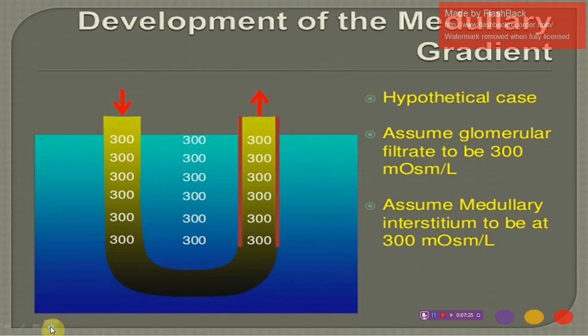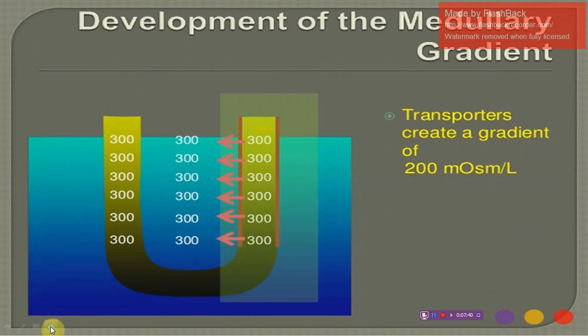We should start here. Now what happens? We will see gradually the transformation of the osmolar gradient. Now transporters create a gradient of 200 milliosmol per liter.